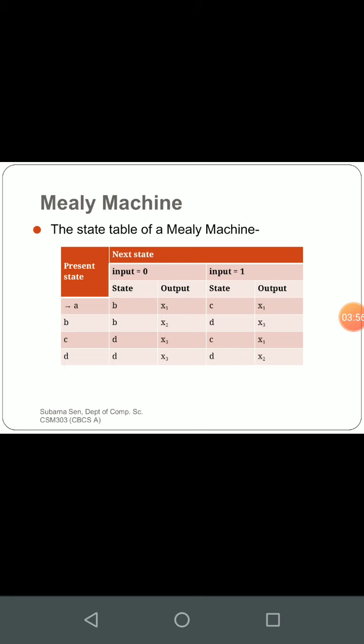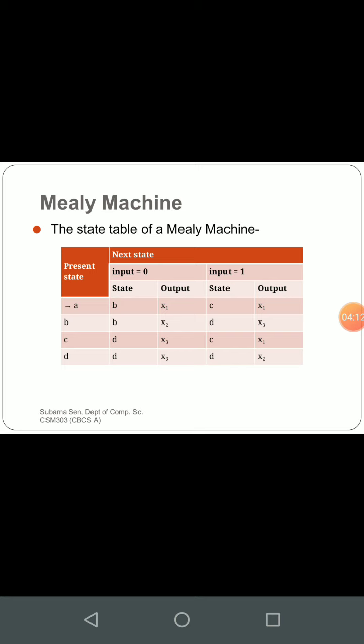As the table suggests, here A is our initial state, both inputs are there, one is 0, another is 1. What we have to keep in mind, for 0 at A, to which state it is moving and what output it is generating.